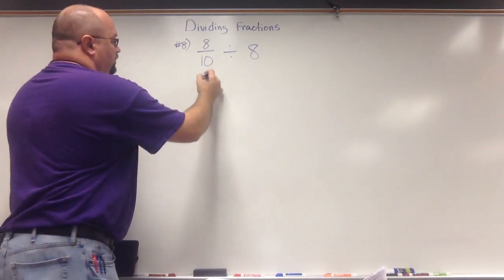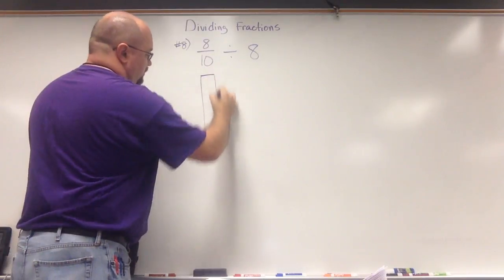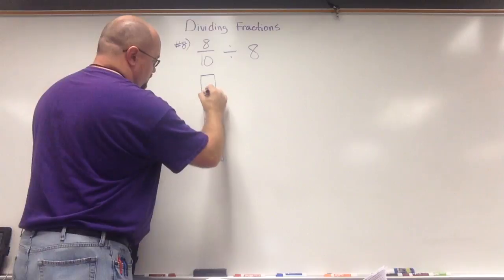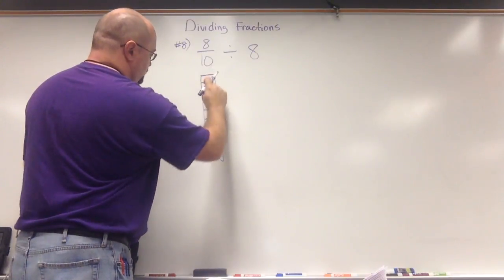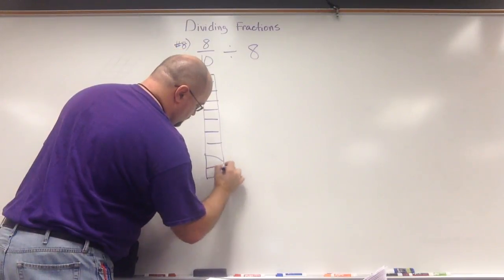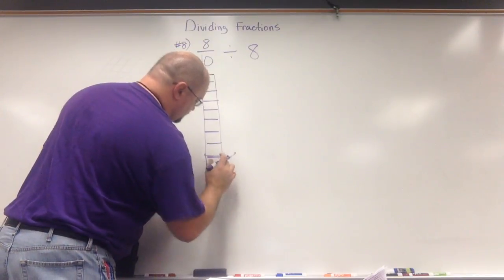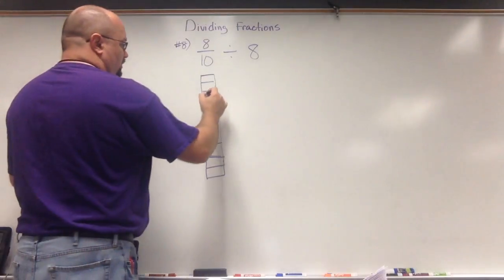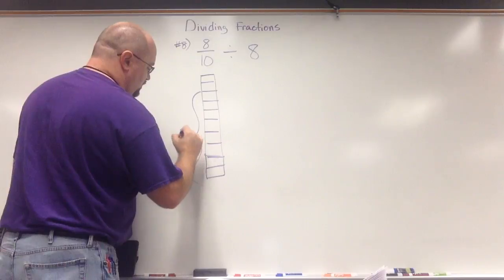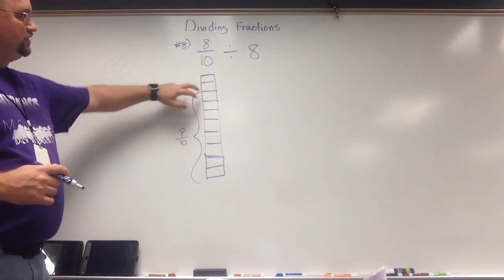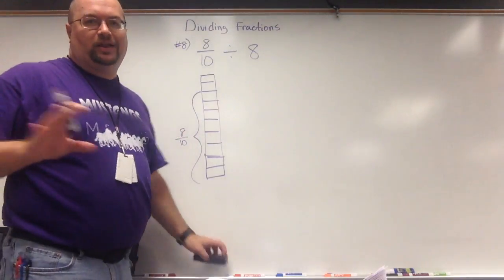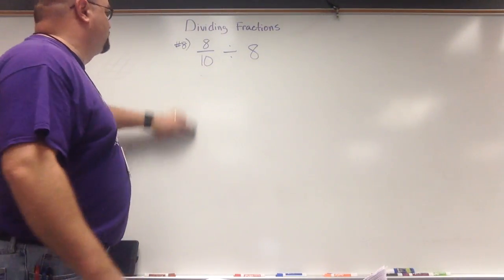The model would look something like this. And then here's our 8/10. And then we're going to divide each of these tenths by 8. Alright, so again, it would end up being lots of lines. So I'm not going to do the model on this one.